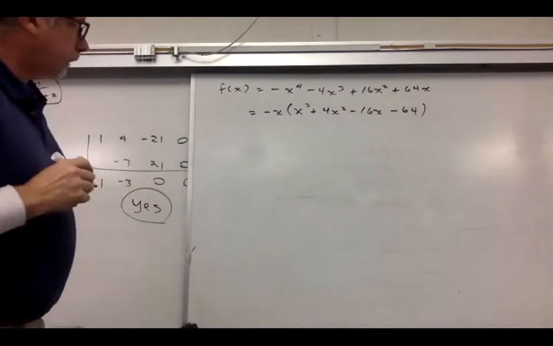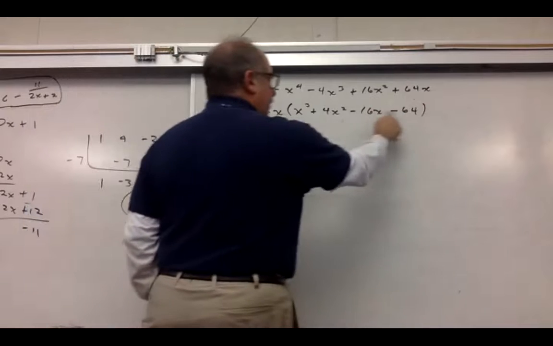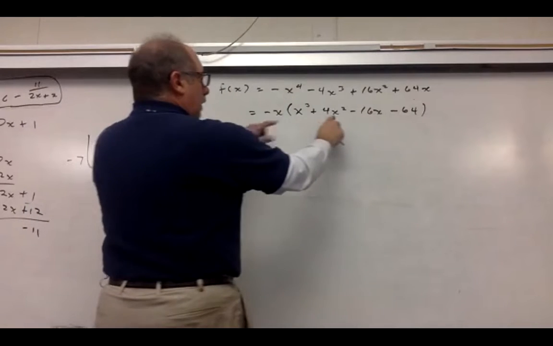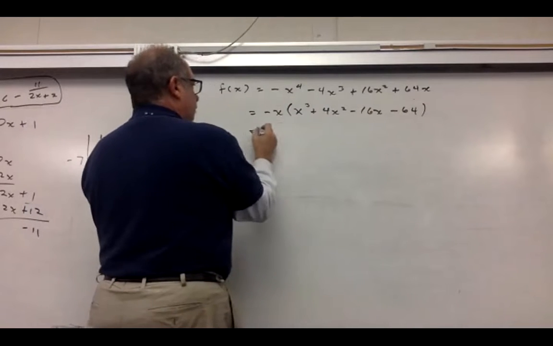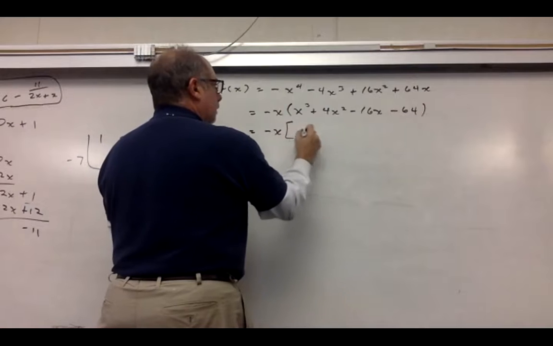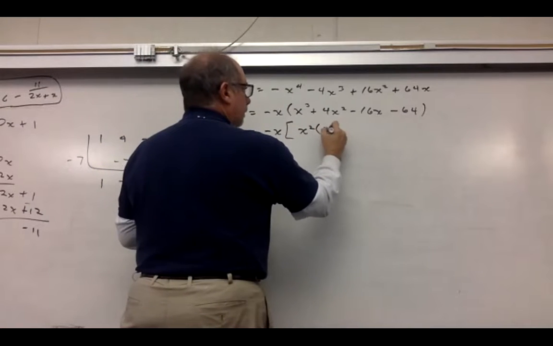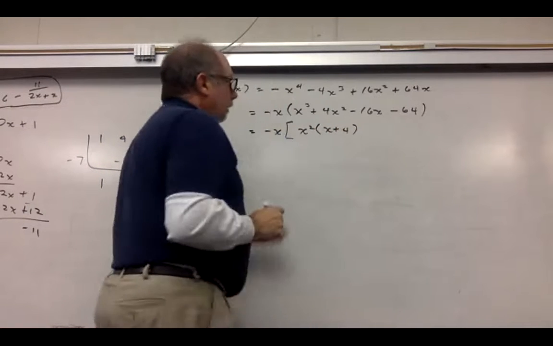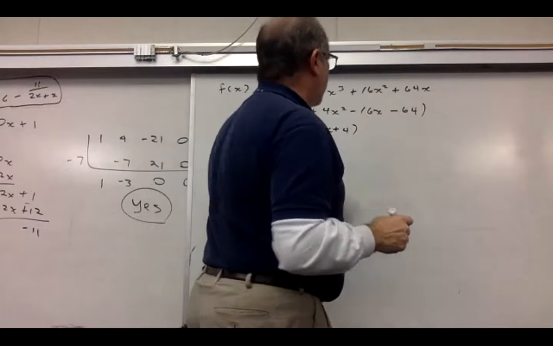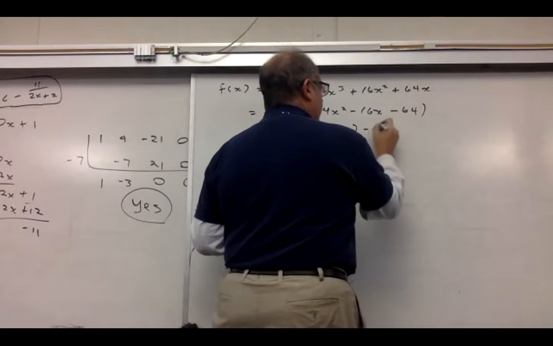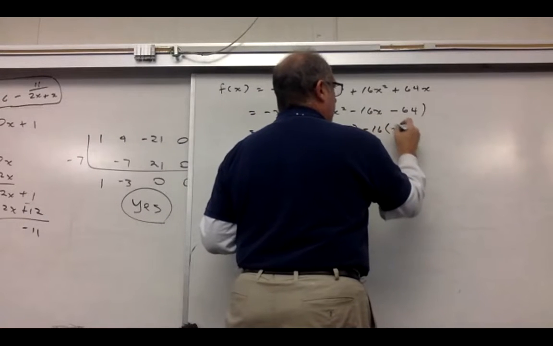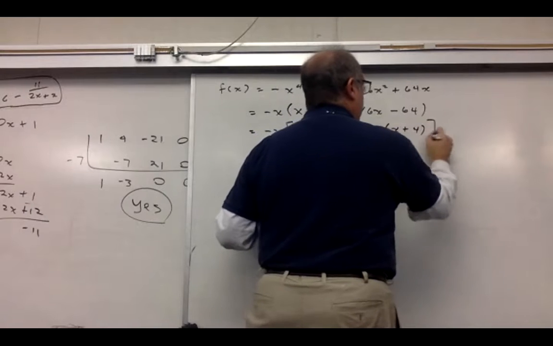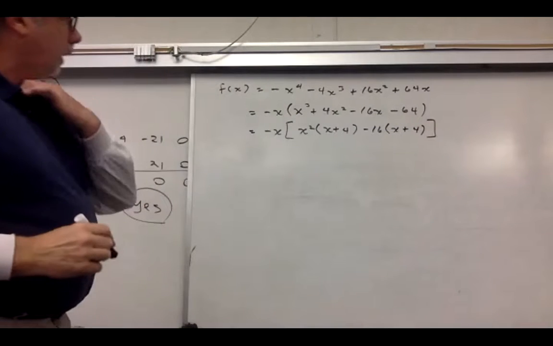Okay. And then I have 4 things in here, so I'm going to look to factor by grouping. The first 2 have a common x squared, so I'm going to pull out an x squared. I'll be left with x plus 4. Looking to get an x plus 4 out of here, I can do that if I subtract 16, or minus 16, x plus 4. That leaves me there.